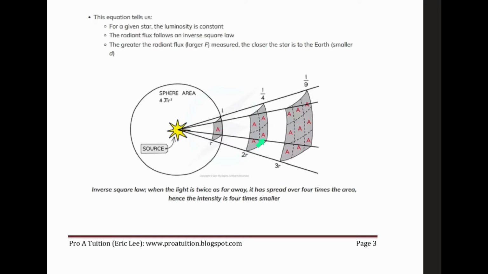So what is 1/4 here? It is actually the idea of the square in the formula. Then when the radius is 3R, they show 1/9. So again, this is the idea of the inverse square. Of course, we can count it out in this way. So let's see some calculation here.